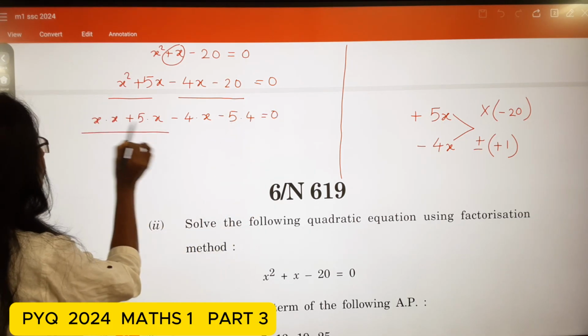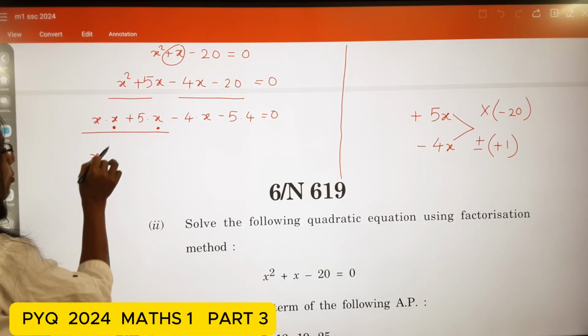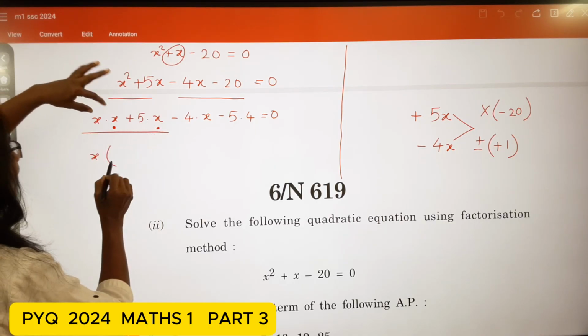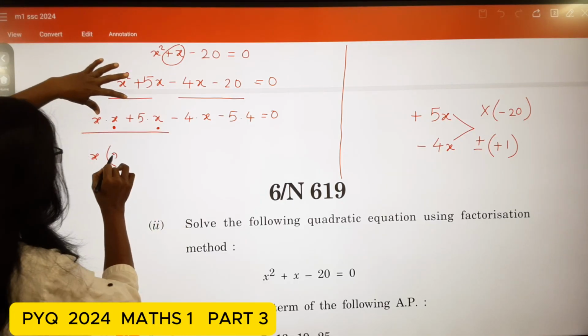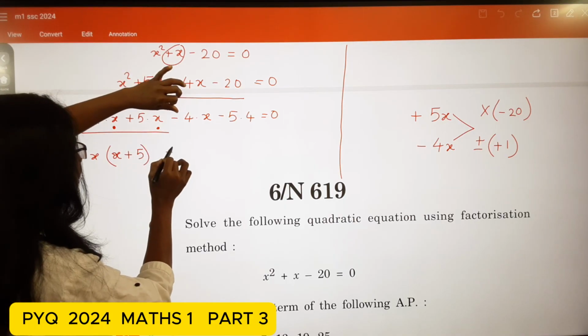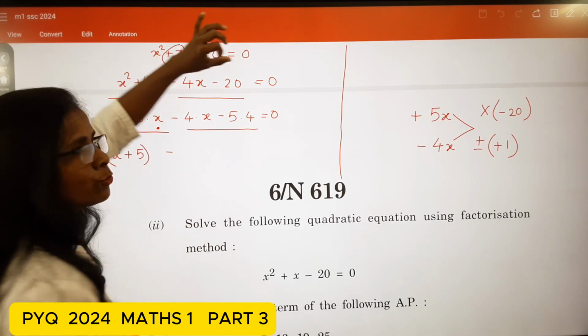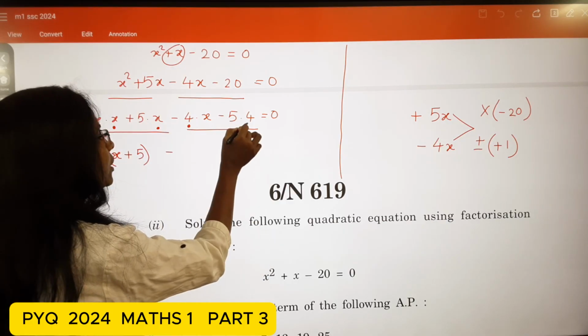So now from this group, x is here, x is here. So x is common. So the remaining factor that I do not mark here, students, is x, then sign plus, and here 5. Then here minus, then from this group the common is 4, here also 4.